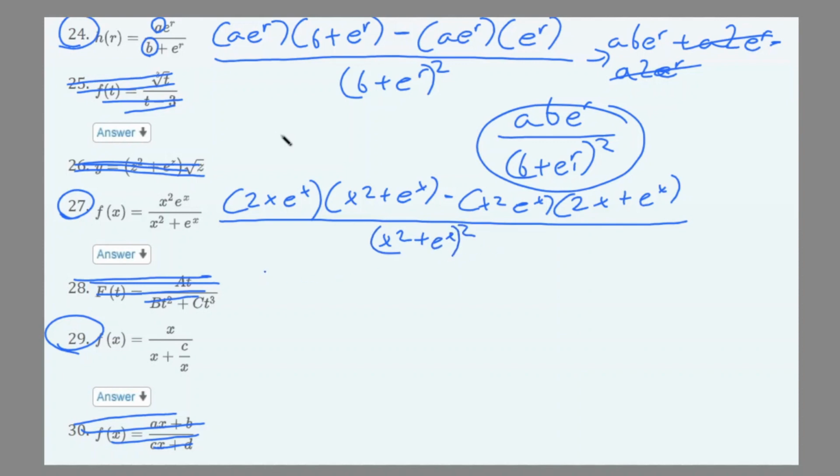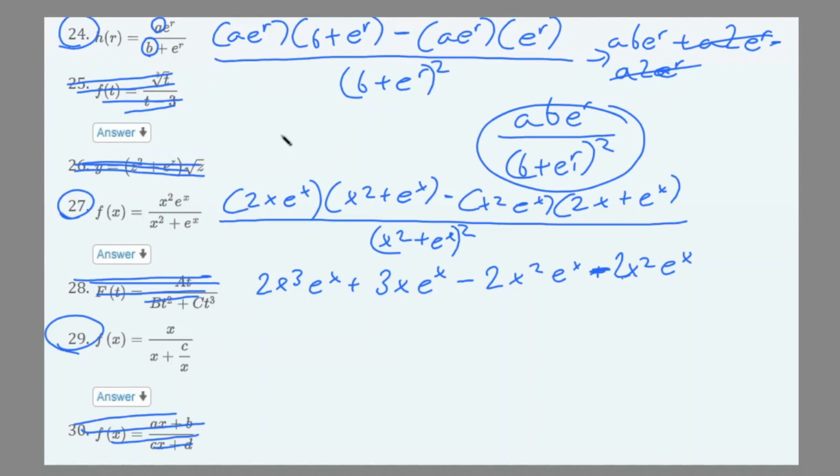Now, if we simplify the numerator, we would have 2x cubed e to the power of x plus 3x e to the power of x. And then we would subtract that by, rather actually minus, 2x squared e to the power of x.